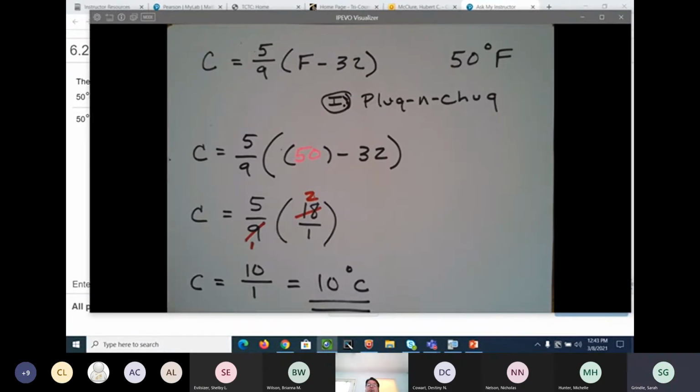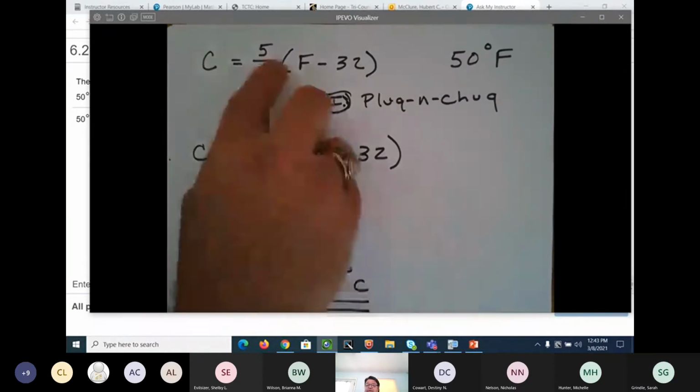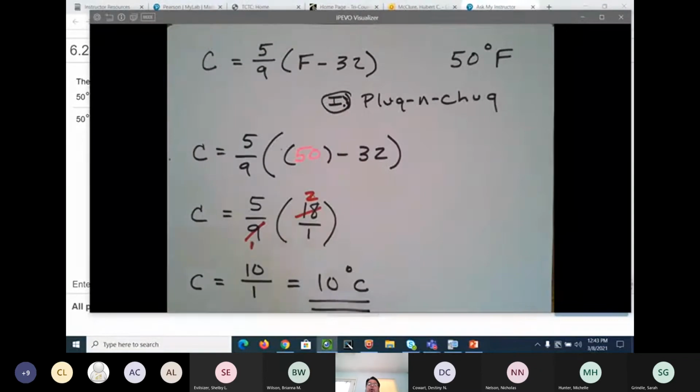Notice, how did I do this problem? Step by step. I didn't try to go from step 1 to step 4 in my head like some of you guys do. Sorry, guys. Usually the guys, because they can figure out everything. They know everything.